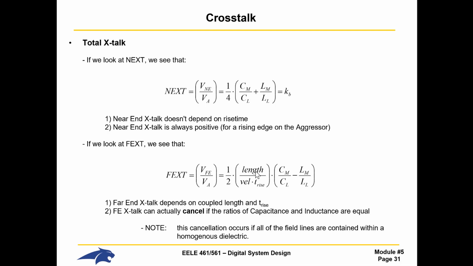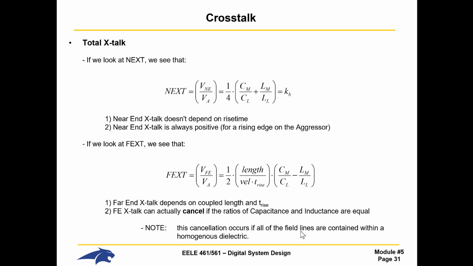It actually turns out that if you contain all the field lines within a homogeneous dielectric, then these ratios will be the same. Now you go, what in the world is a homogeneous dielectric? Think about it as basically the same dielectric everywhere the fields flow.